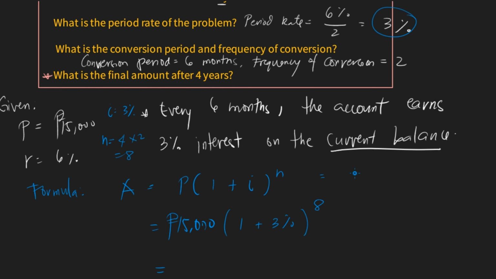So I'm going to put it here so you can understand better: 6% divided by 2, then 4 times 2.